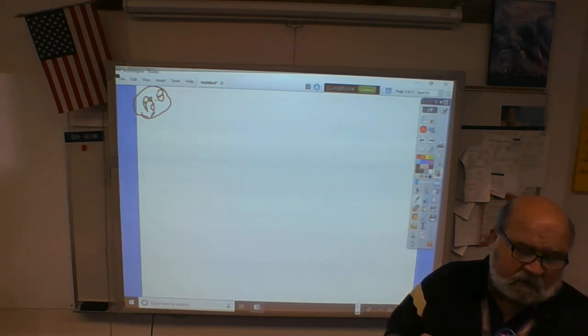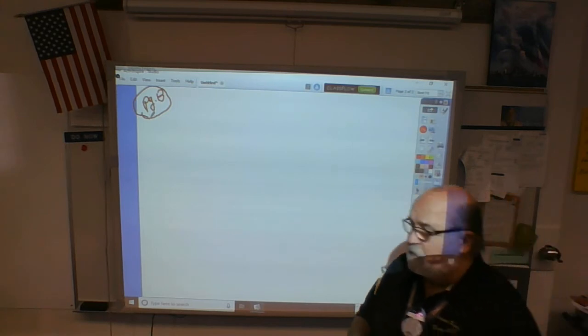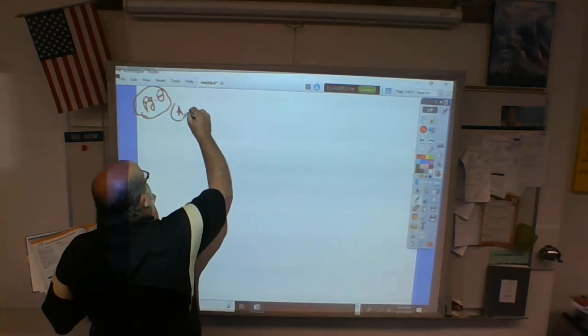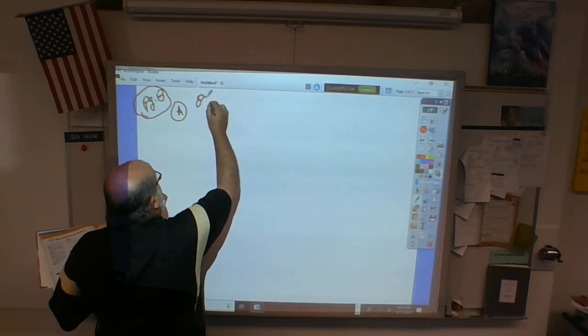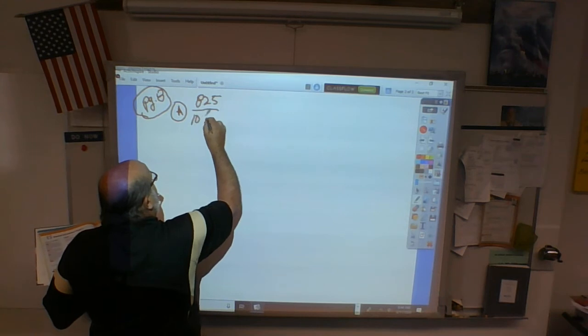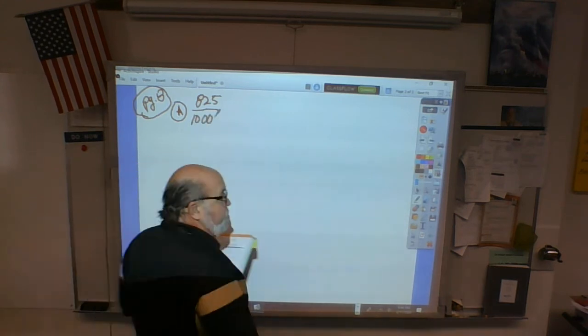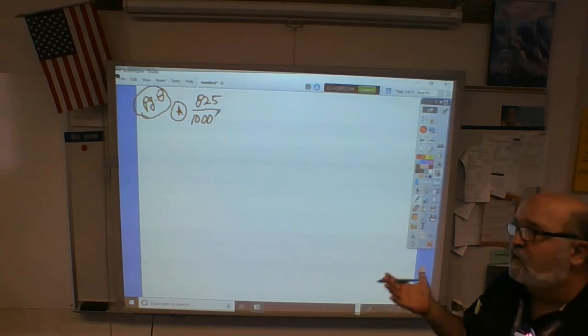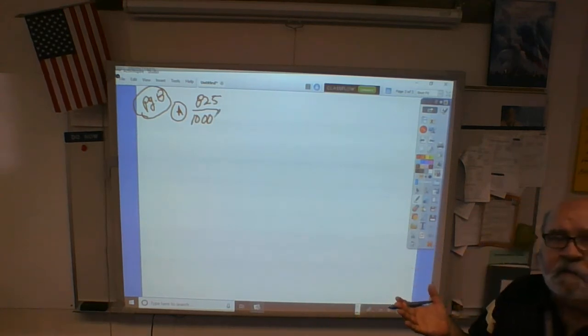So now what we're going to look at is 825 divided by 1,000. Example A. Back in 7th grade, you should have learned that the way to do this is to take a look at it and find a common denominator.